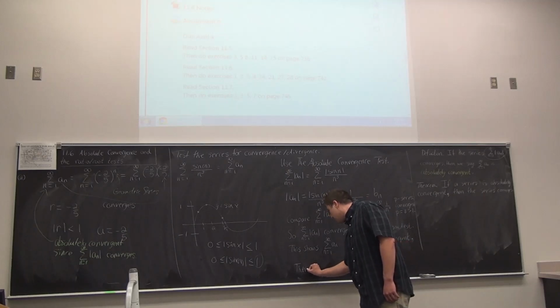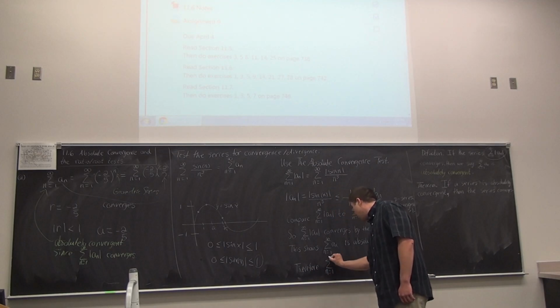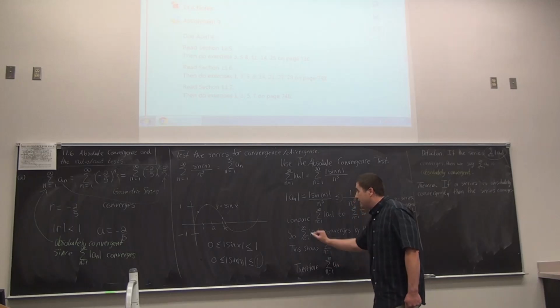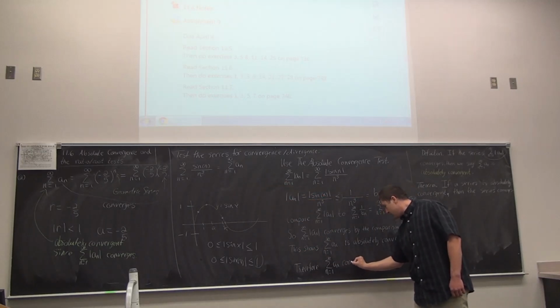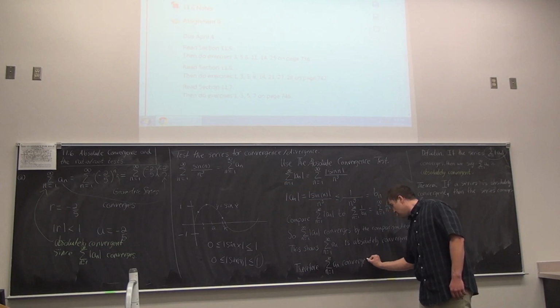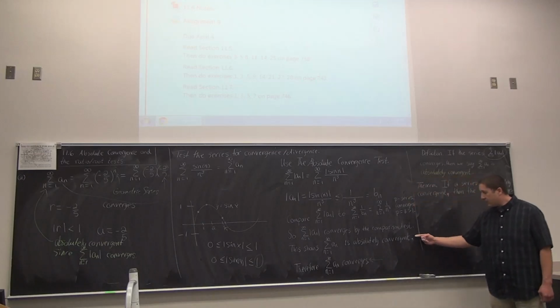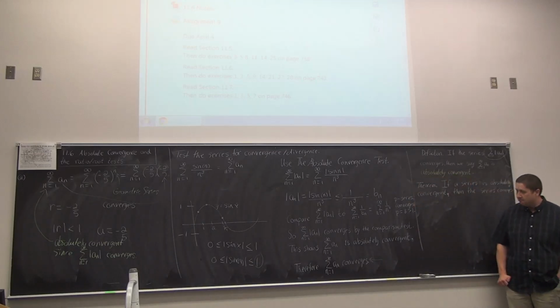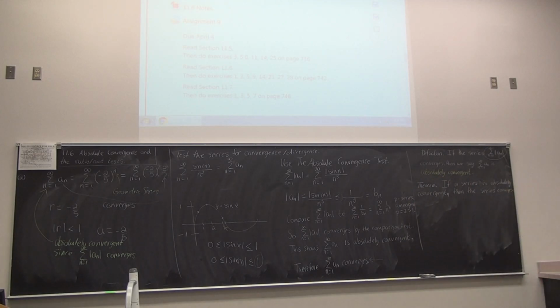Therefore, the summation as n goes from 1 to infinity of a sub n, that thing over there, sine n divided by n cubed, converges. This is really just to be complete. If you left it at absolutely convergent, again, that should imply convergence, and the book does prove it as well. But any questions about this so far?